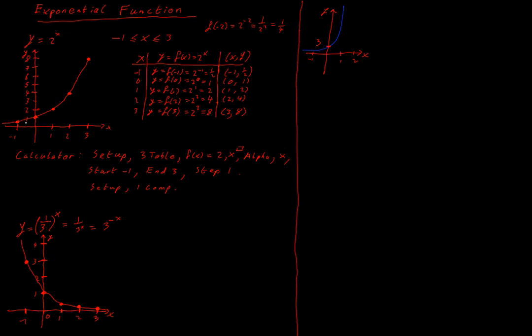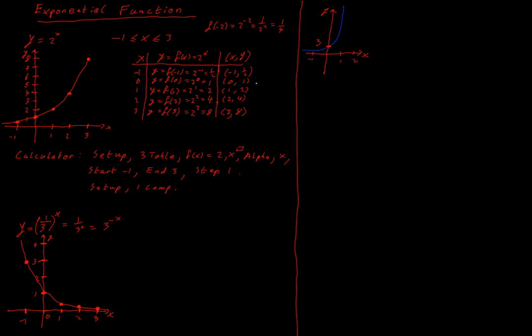The y values are tending smaller and smaller, and they will tend towards 0 as x tends to negative infinity. They'll keep getting smaller and smaller by powers of 2. So that is the effect of our negative powers on our function.